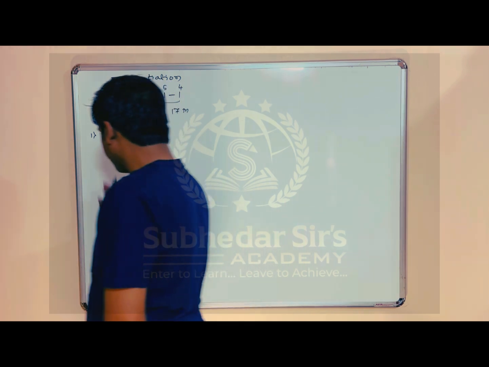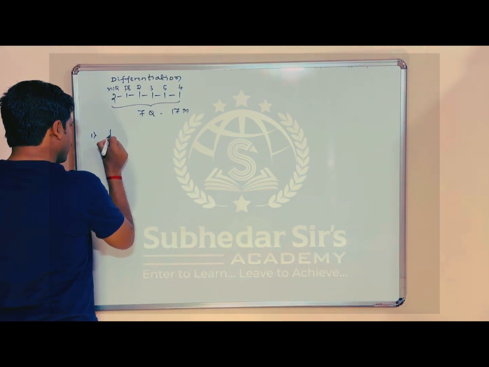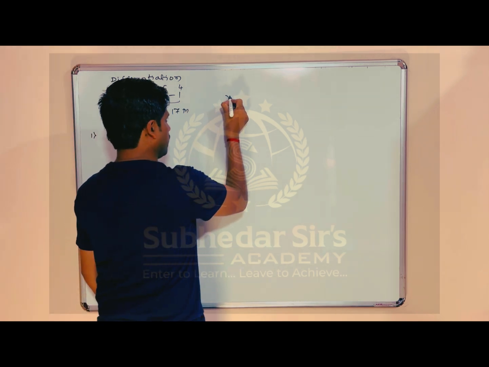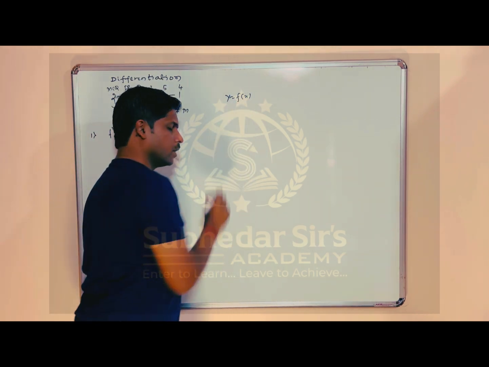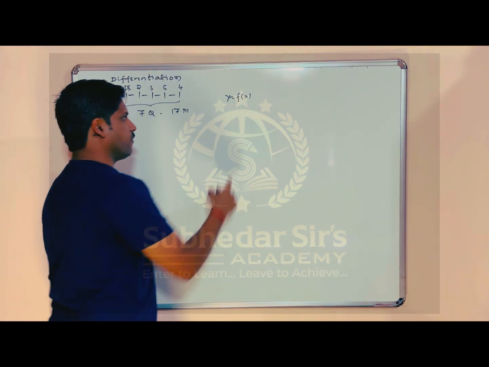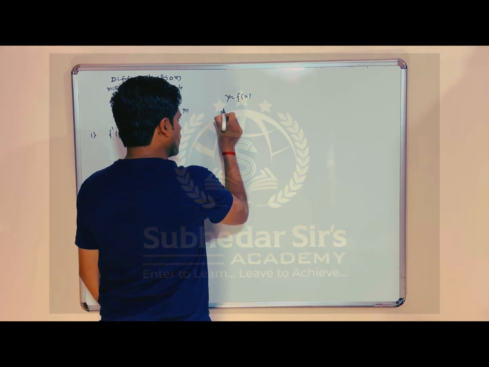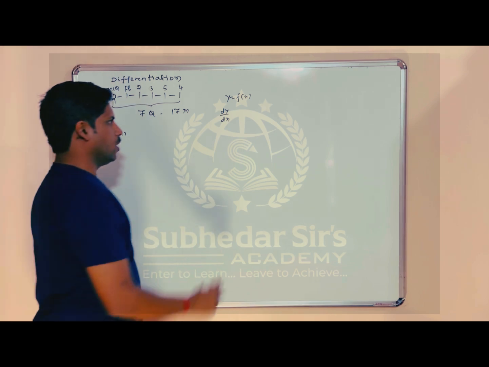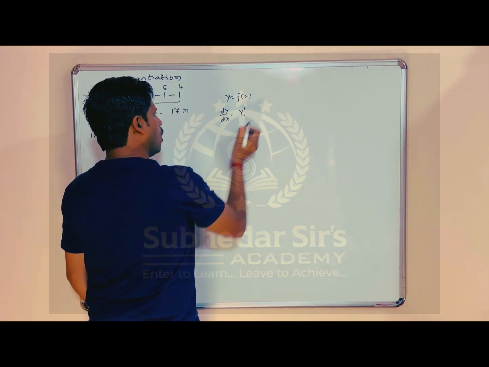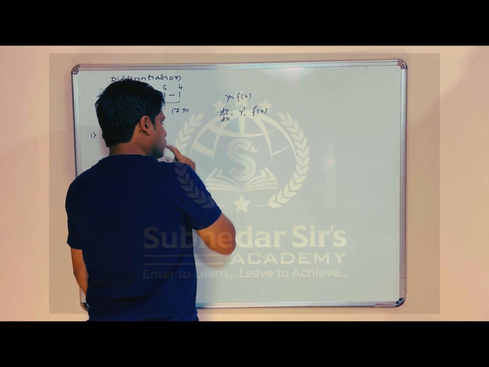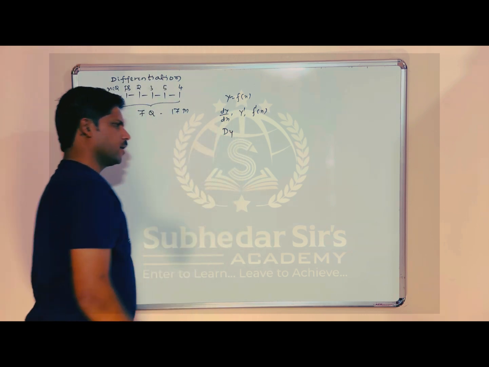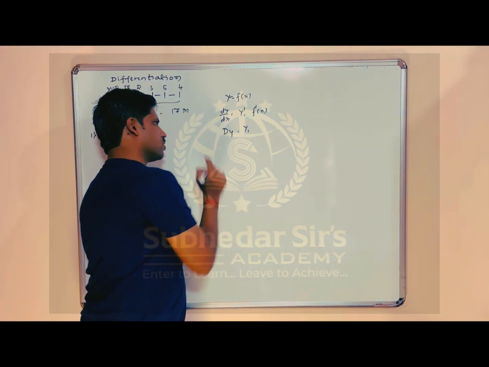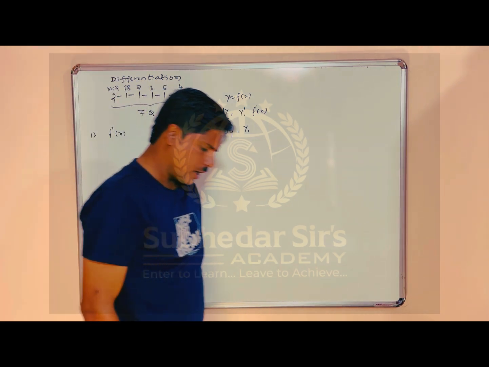So, first one, the derivative of the function is denoted by f dash of x. If y is equal to f of x, then the differentiation or derivative of the function y is dy by dx. Differentiation is denoted by dy by dx, or y dash, or f dash of x, or capital D y, or y1, the first order differentiation.